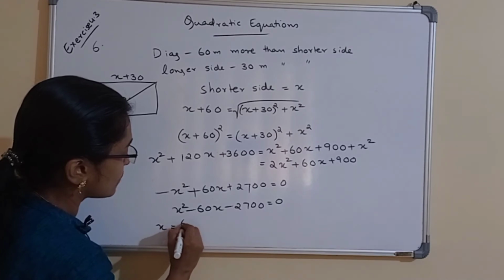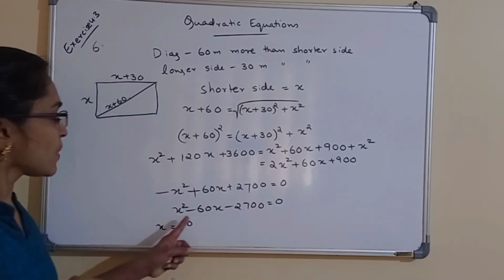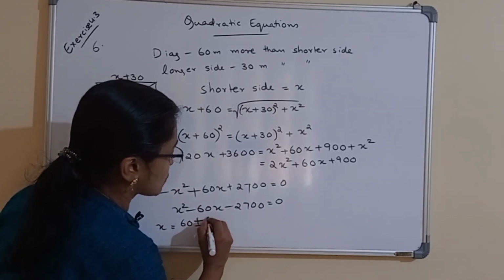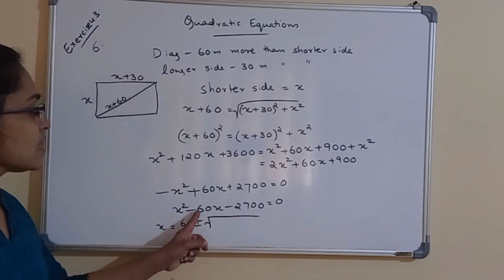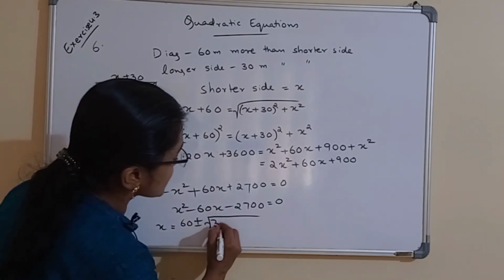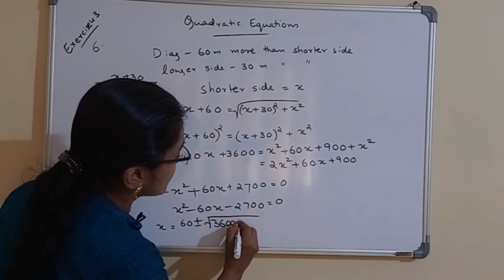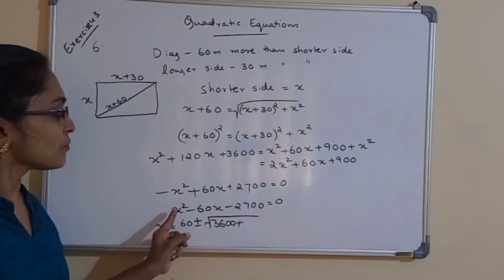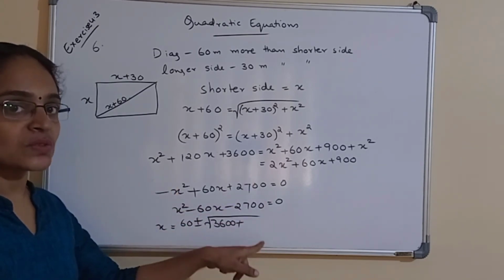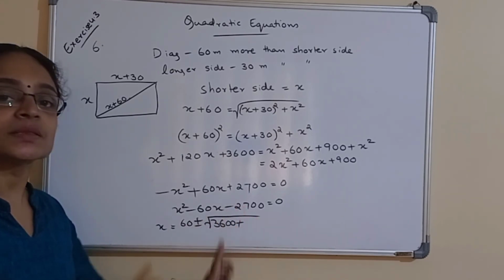x is equal to minus b plus or minus root of b square minus 4ac, all by 2a. Minus b is minus of minus 60, which is 60, plus or minus root of b square, minus 60 the whole square, which is 3600. Then minus of 4 into 1 into minus 2700. Minus into minus is plus.